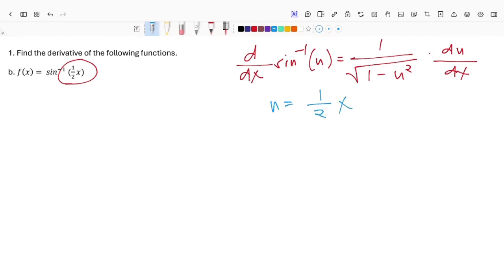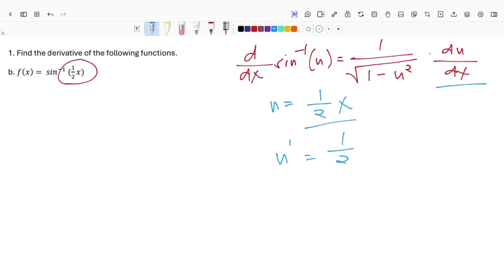Let's compute the derivative of our u. We need to compute the derivative of our u to get the value of this. And the derivative of 1 half x is 1 half.